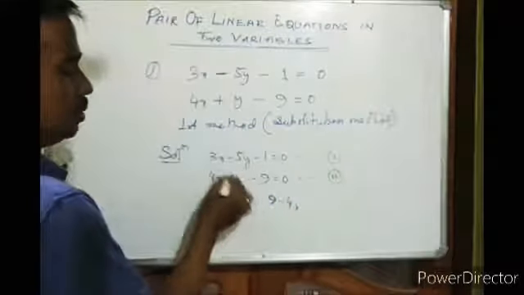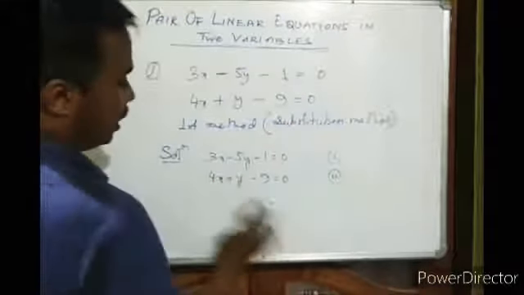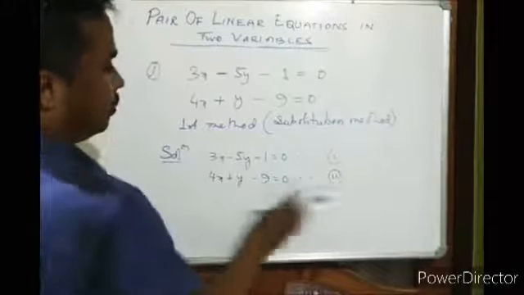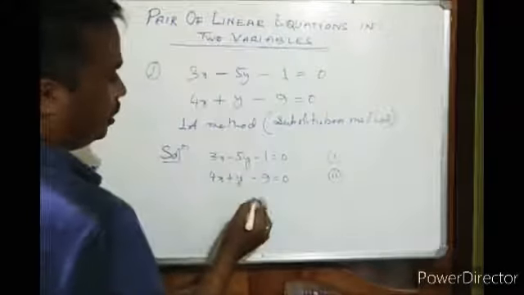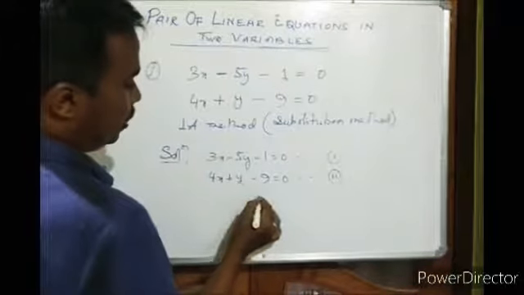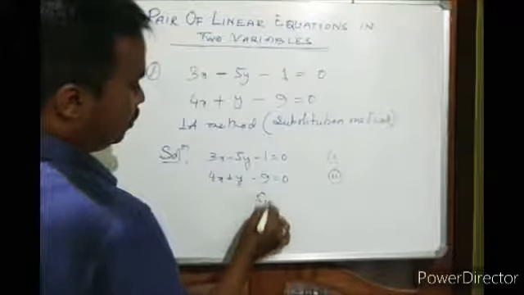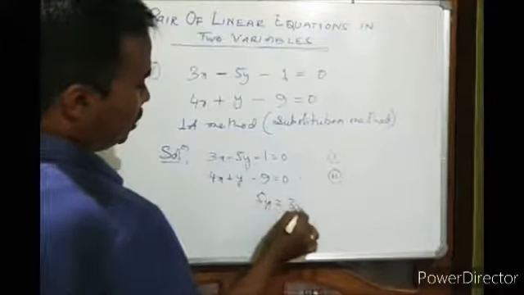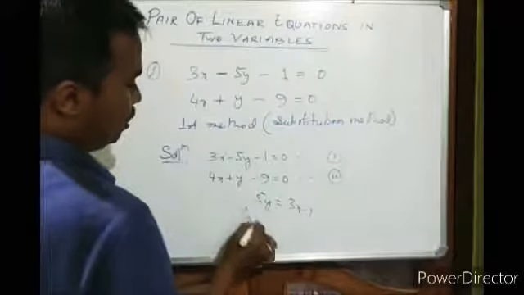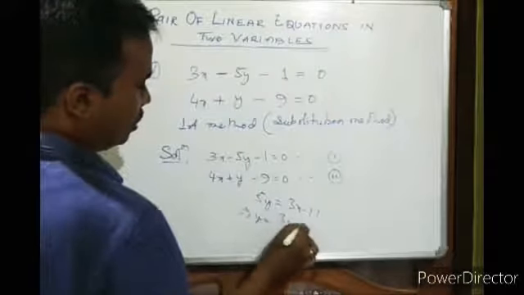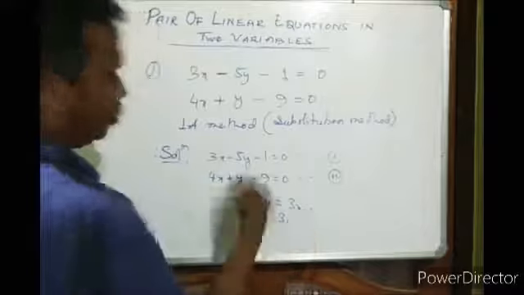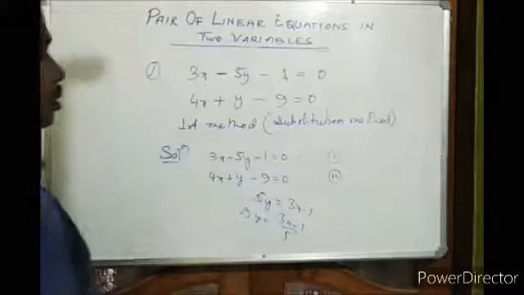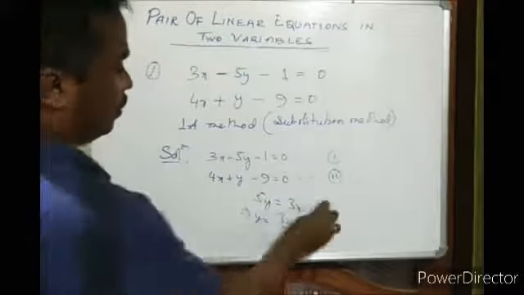If we take equation 1, then 5y is equal to thrice x minus 1, so y is equal to (3x minus 1) by 5. So we can use any one of them. I am using the second one here.